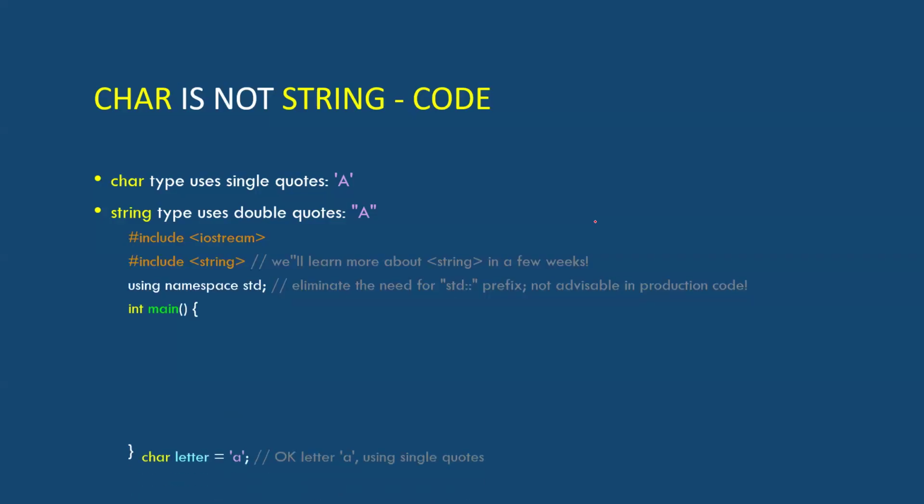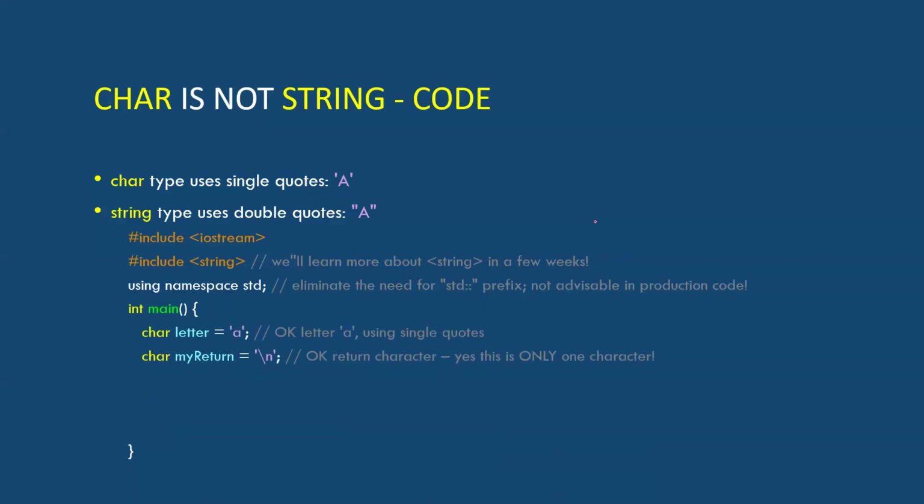So I can say, here's a letter, and there's a single character. \n is a single character, not two characters. The backslash tells the compiler, hey, go get that quirky thing that has no real visible representation. So \n is a weird and long-standing way of representing that invisible return character. So that's really one character right there.